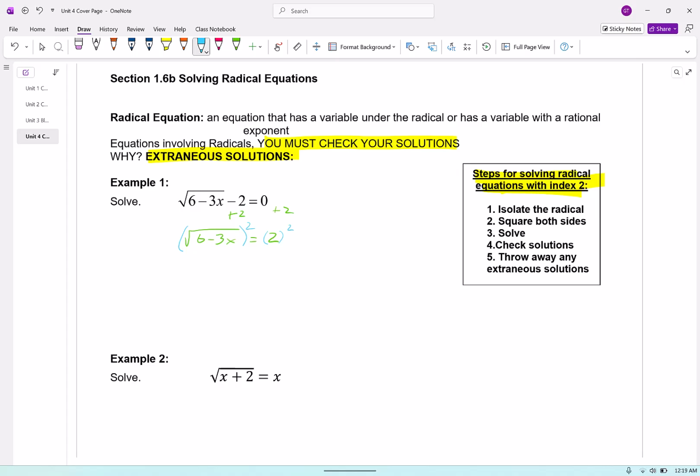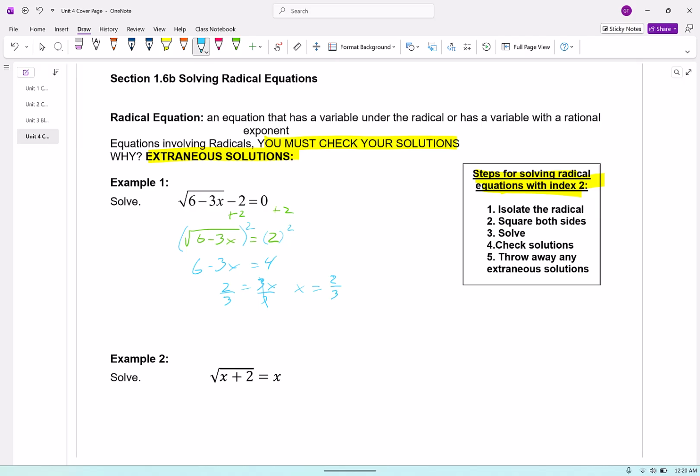Squared, it's a radical and then it's squared, so it just leaves me with 6 minus 3x, and 2 squared is 4. Okay, so I can rearrange. Get x on the right side, subtract 4, so I get 2 equals 3x. Okay, and then I divide by 3 on both sides. That cancels, so x equals 2/3.